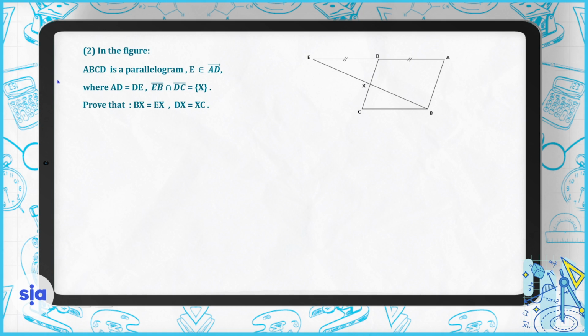As you can see here, since ABCD is a parallelogram, therefore the measure of angle E is equal to the measure of angle XBC because they're alternate angles.